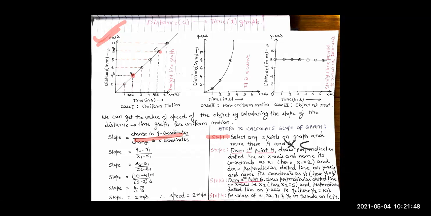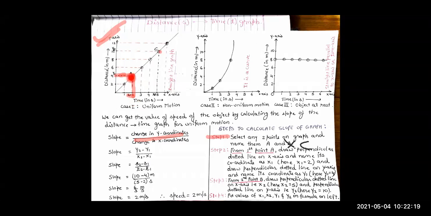Now, after naming them, from the first point A, we will draw a dotted perpendicular line on the x-axis and name it x1.